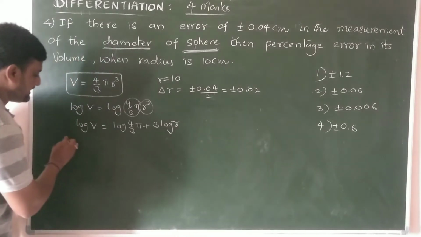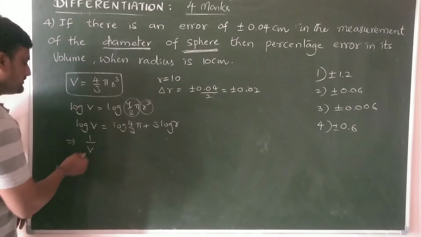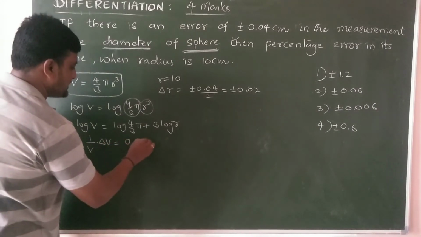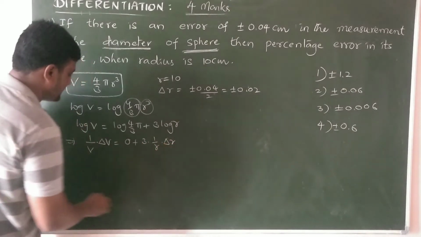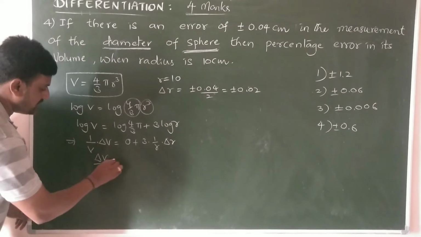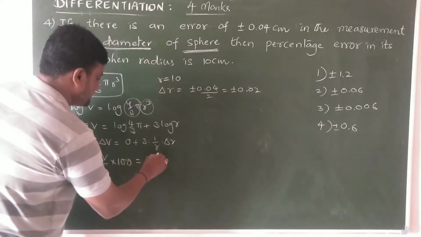Applying derivatives, 1 by V delta V equals 0 plus 3 into 1 by r delta r. Same as previous, here also multiplying with 100.